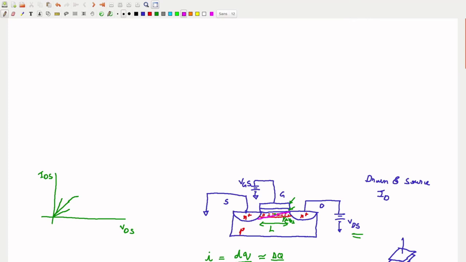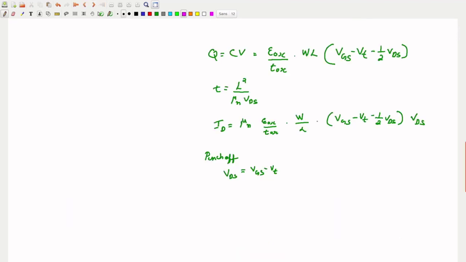This is due to increase of VDS. The channel is shrinking at the drain side, and we have the normal channel at the source side. So in order to form this type of channel, VDS should be equal to VGS minus VT.